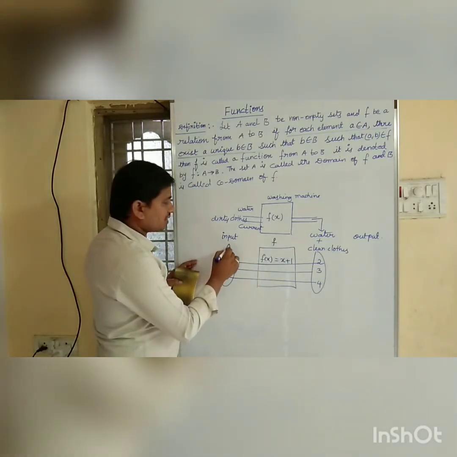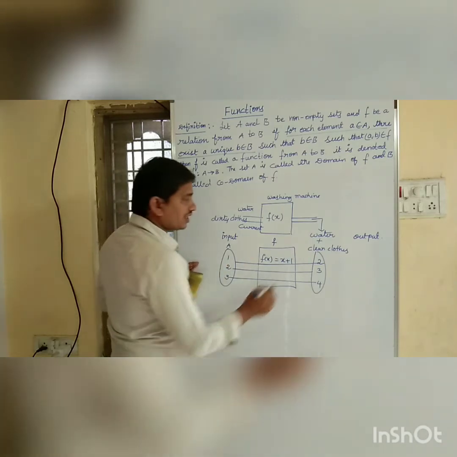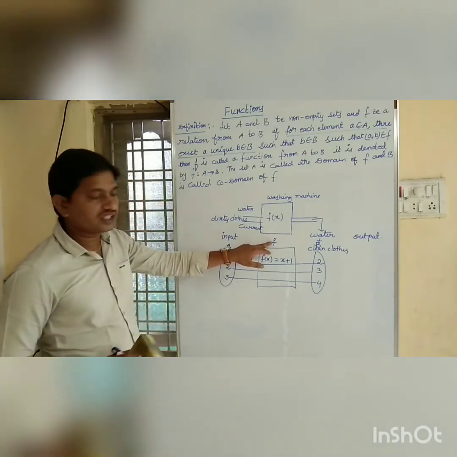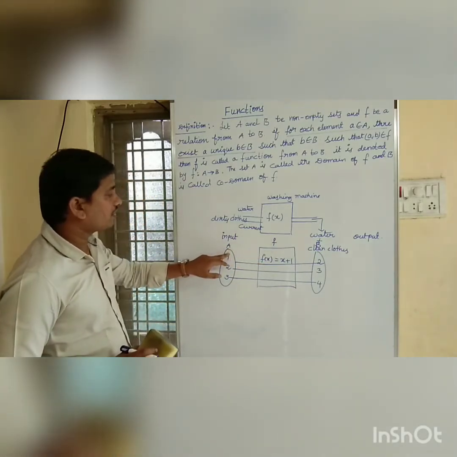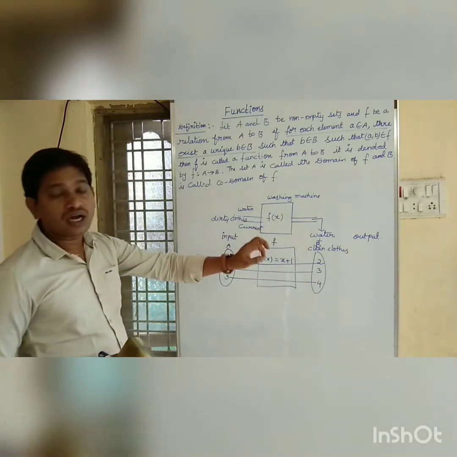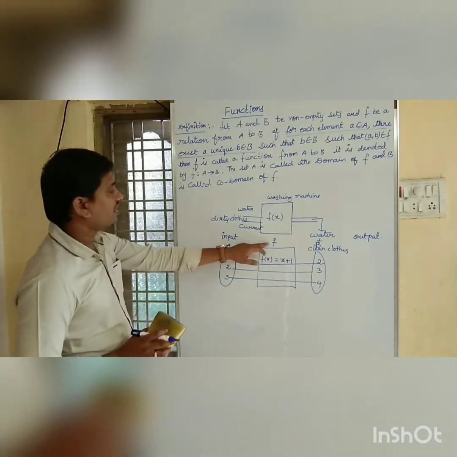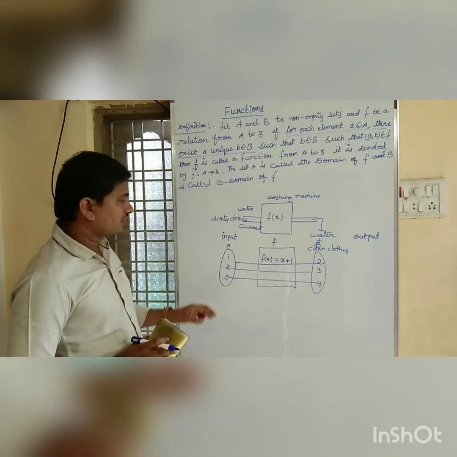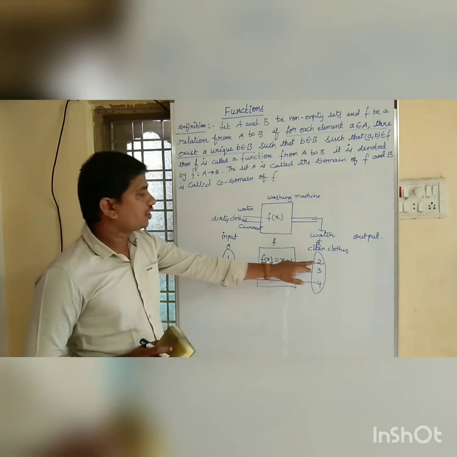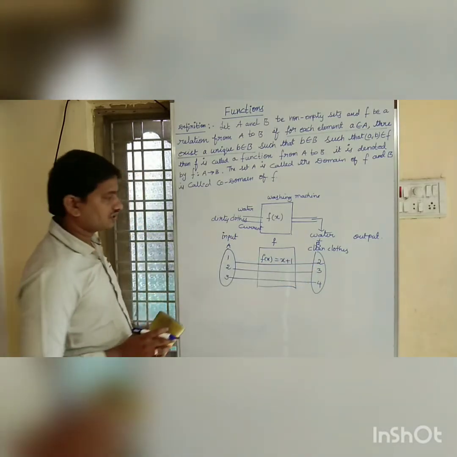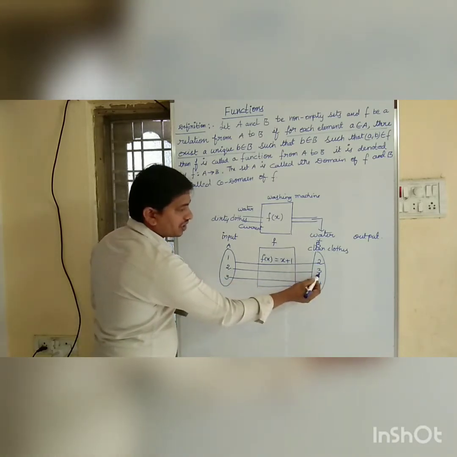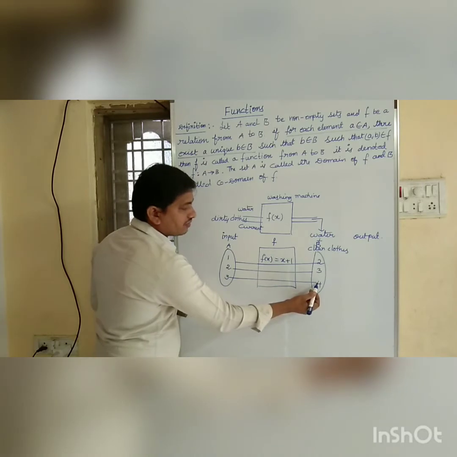Suppose this is the set A and this is the set B. f is a function, or f is a relation from A to B, where A and B are non-empty sets, and for each element of A there exists a unique element in B. See children, 1 is mapping with 2, 2 is mapping with 3, similarly 3 is mapping with 4.